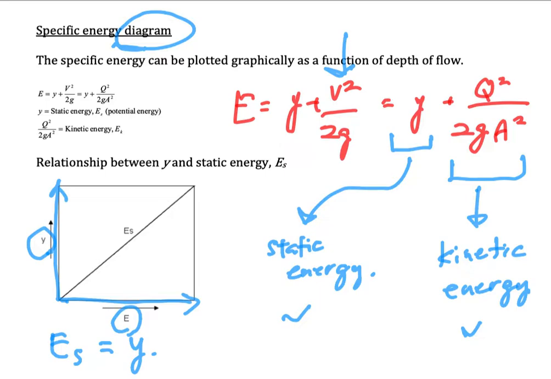The static energy E will always equal the height of y, so we could draw a straight line graph like this. At any point, the value of E must be the same as the value of y. If E is equal to 10 meter, the y here is equal to 10 meter. I hope you could simply understand how to draw a diagram for static energy.